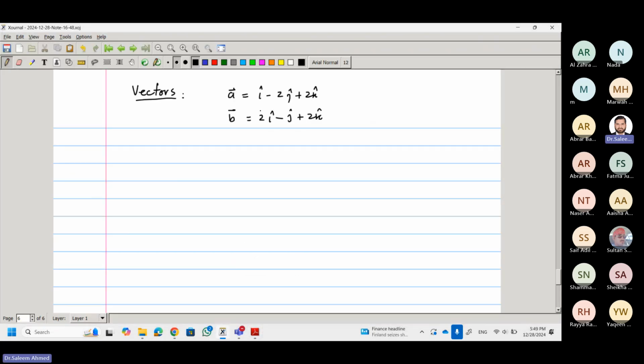In a dot product, what you do is multiply the coefficient of i with the coefficient of i.